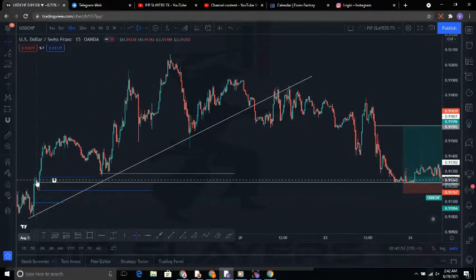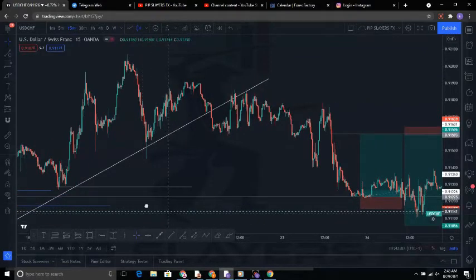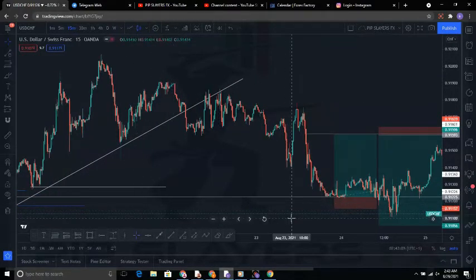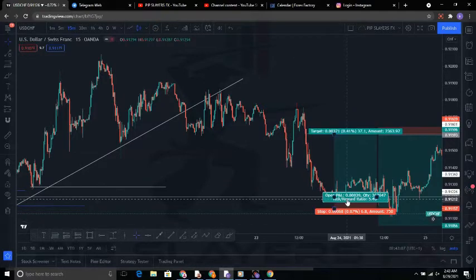Now, I projected this out from the open of the last bearish candle. So look what we have here: 1 to 5.4 risk to reward.